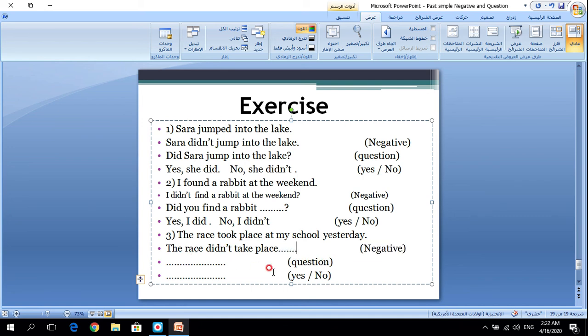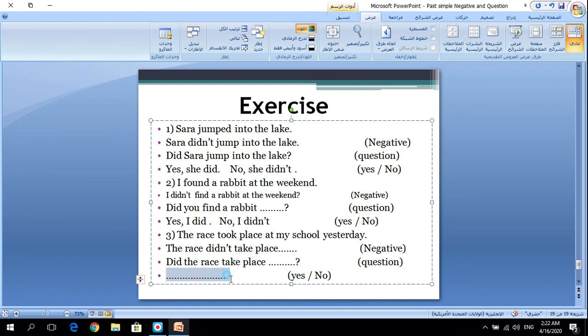The next one, question 4, you have to start with did. Did the race take place? Then complete the sentence. After that, you have to put the question mark.